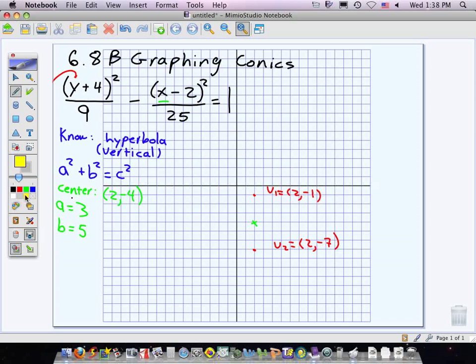Another important part of your hyperbolas were the slant asymptotes. Okay. So, Lucas, how far from the center do we need to go left and right to get the sides of the box? Not sure.